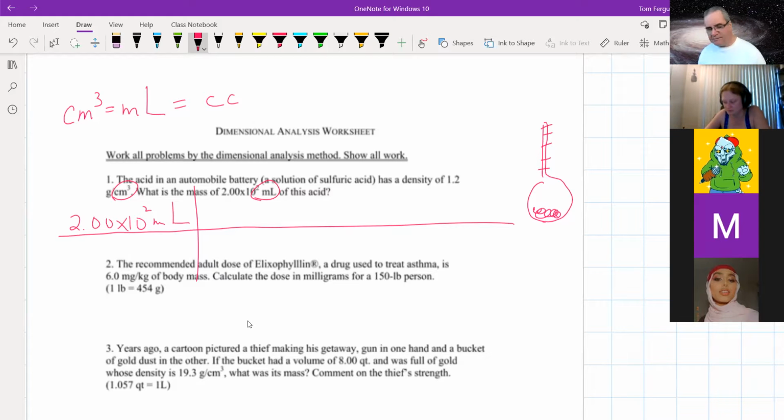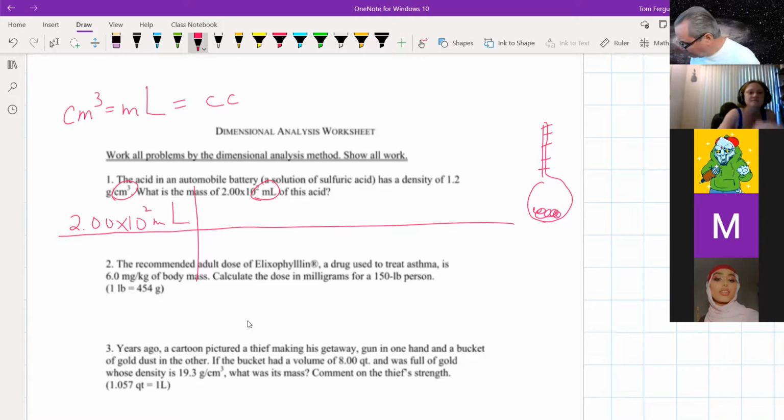To me, all the apparatus in the lab are marked in milliliters, not cubic centimeters. Physicists frequently use cubic centimeters, and also theoretical chemists will use cubic centimeters, but everyone else, including biologists, we use mLs.